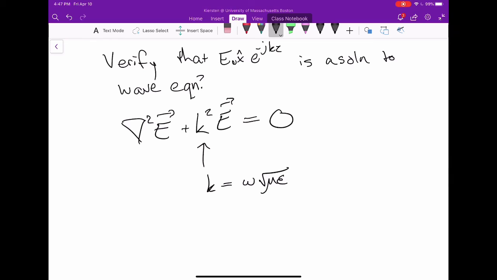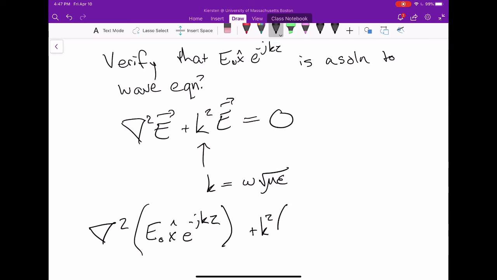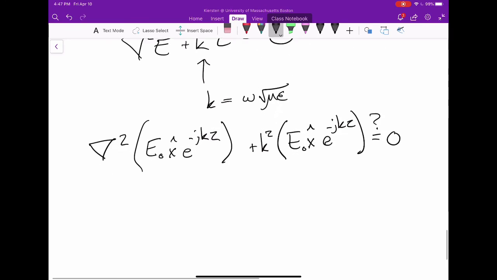If we are going to do the Laplacian of some amplitude times x hat e to the minus j kz, find out if that plus k squared times the same thing equals 0, question mark? Well, let's find out.